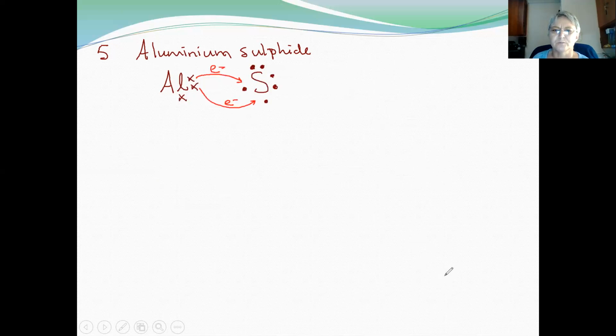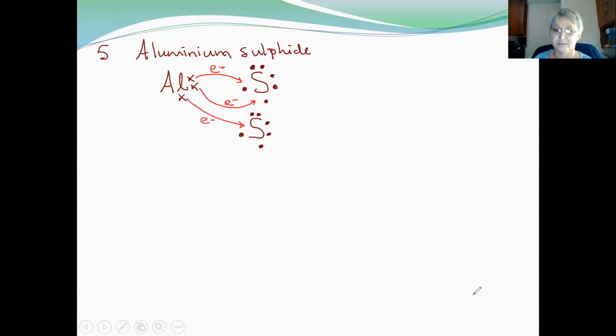Now the sulfur would be happy. It's got 2 electrons. But aluminium needs to give the third electron away. So what happens to that third electron? It calls another sulfur atom closer to it, and the aluminium would give its electron to the sulfur atom.